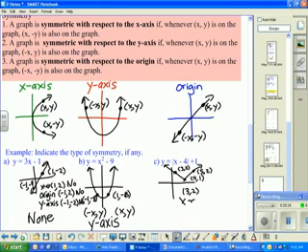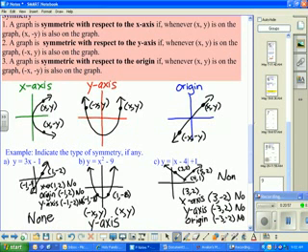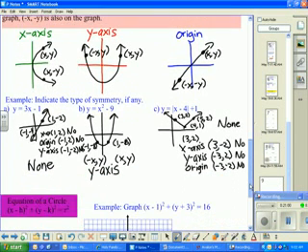To go with the x-axis, I should have the ordered pair 3, negative 2, which I do not. With the y-axis, I should have the ordered pair negative 3, 2, which I do not. And with the origin, I should have the ordered pair negative 3, negative 2, which I do not. So this one also has no symmetry.